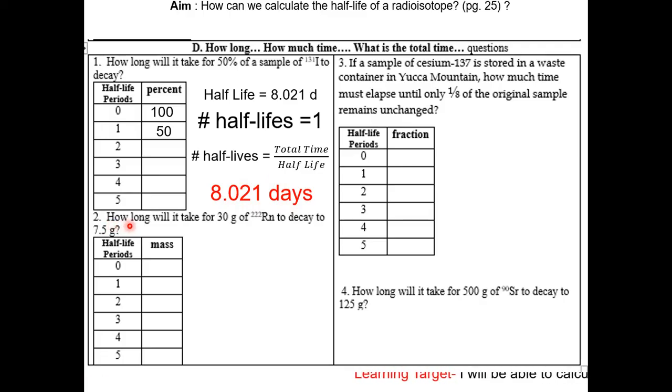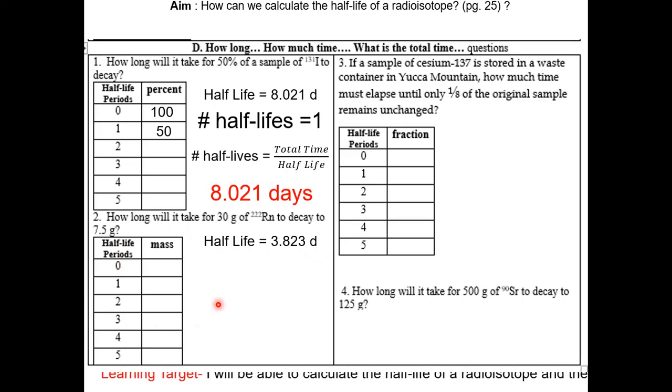Question 2. How long would it take for 30 grams of Rn-222 to decay to 7.5 grams? The first step is to look up the half-life of Rn-222, which is 3.823 days. The next step is to use this table to figure out the number of half-lives.